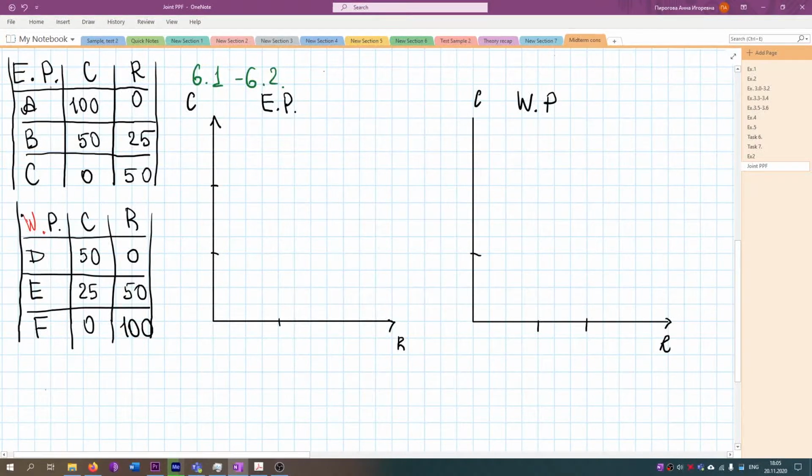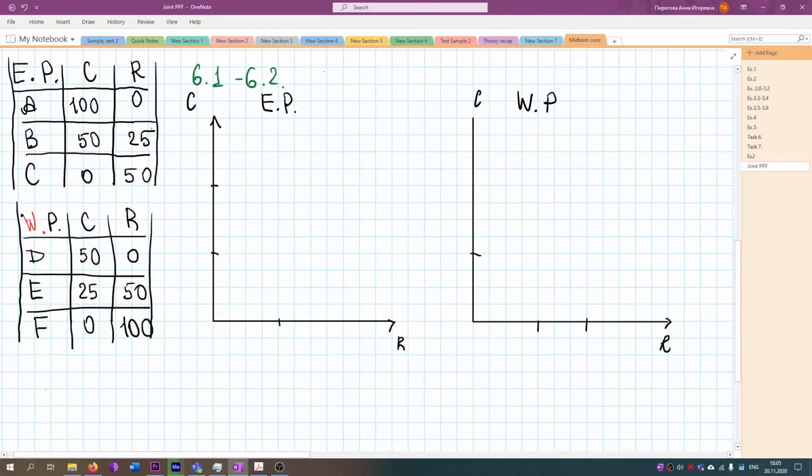Each of them produces cars and radios, and we see from the table that if Eastern production produces only cars, it can produce 100 cars and 0 radios. And if it produces 50 cars, it can produce only 25 radios.